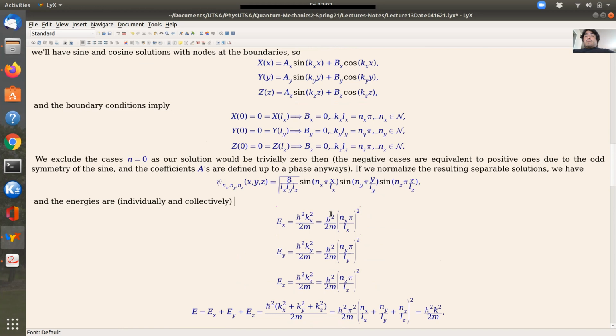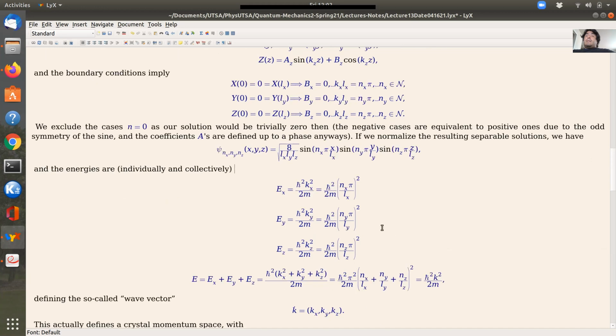So the equivalent expression is this one, which is not surprising because this is accounting for the kinetic energy for each one of the modes, if you want to think about it. And substituting for kx equal to nx pi divided by Lx, and so on, these are the individual energies that you get in each dimension.